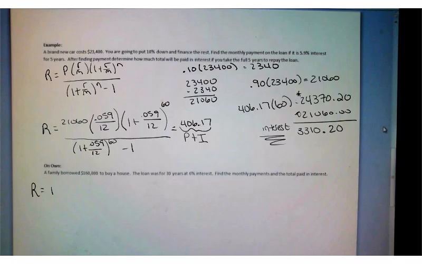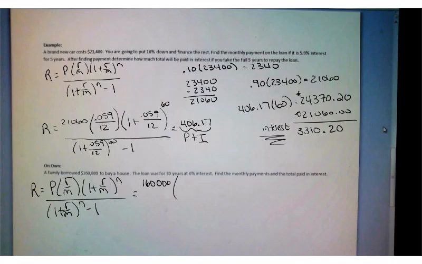So here's your formula. I would like you to pause the video and take a few minutes to work through this. Not only are you calculating the loan payment amount, but I'd like you to calculate what this family would pay in interest over the life of the loan. So pause the video. All right, I'm going to continue working now so that you can check your answer.